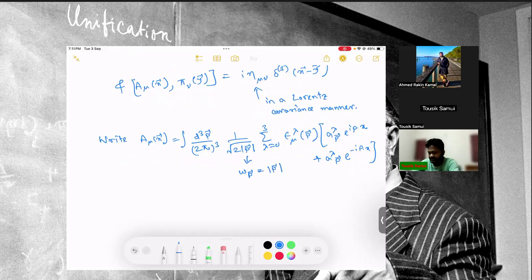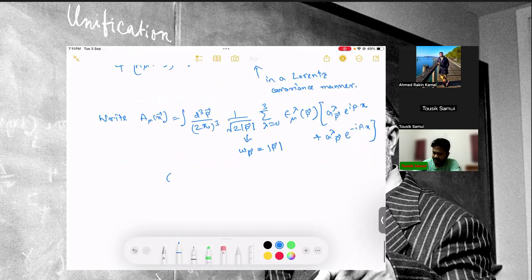And also this lambda, epsilon lambda are the polarization basis vectors that I introduced yesterday.